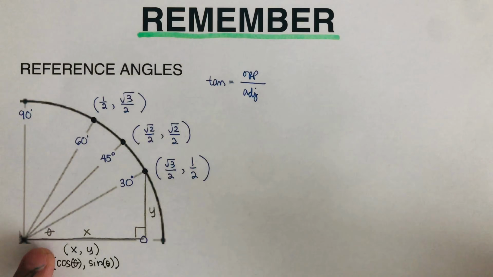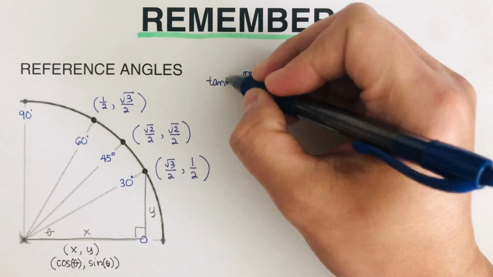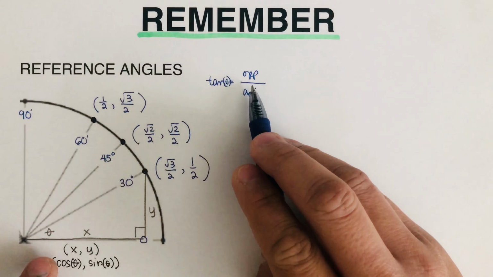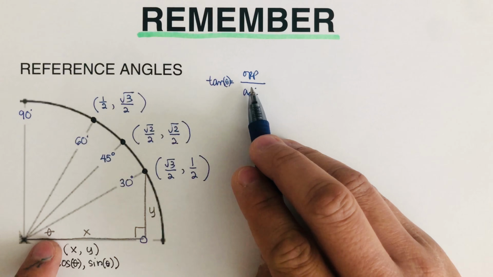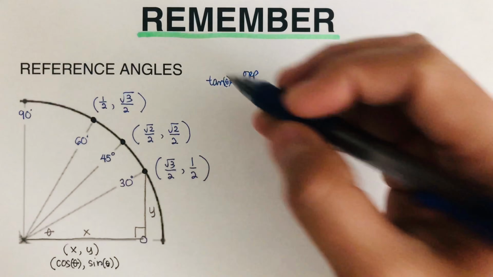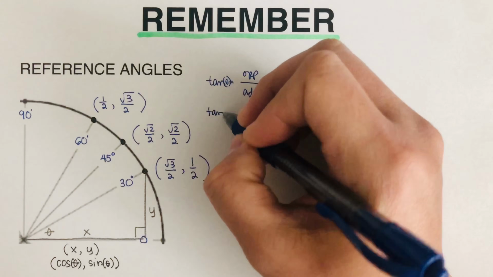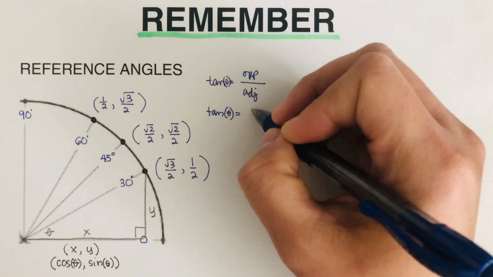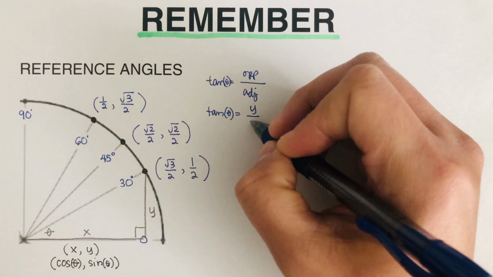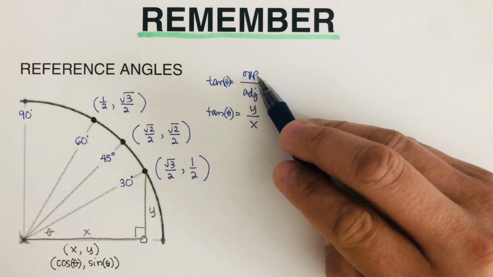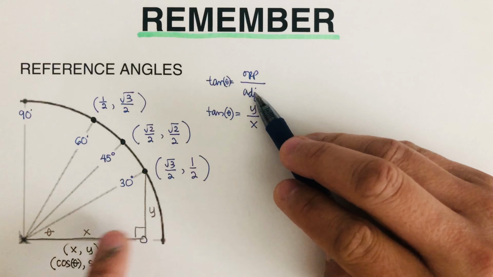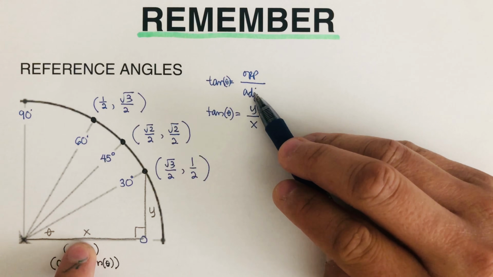In this theta, the opposite is y, so tangent theta is y over x, since the opposite to this theta is y and the adjacent is x.